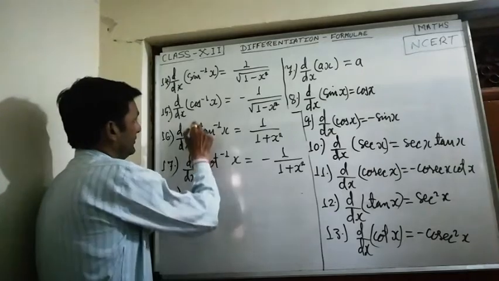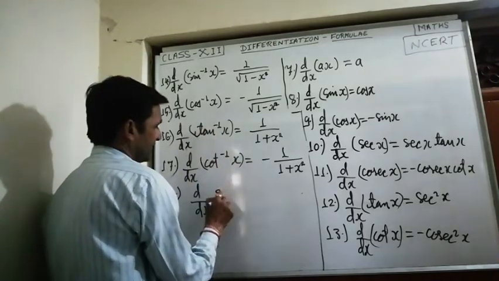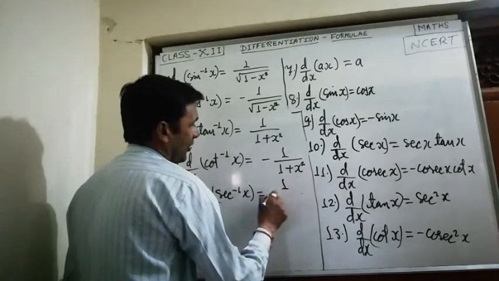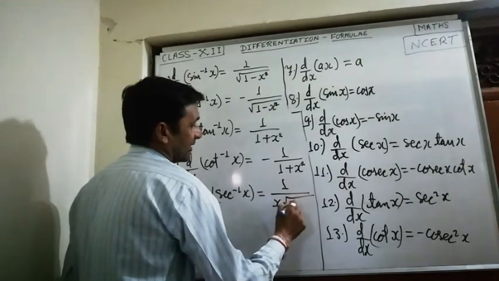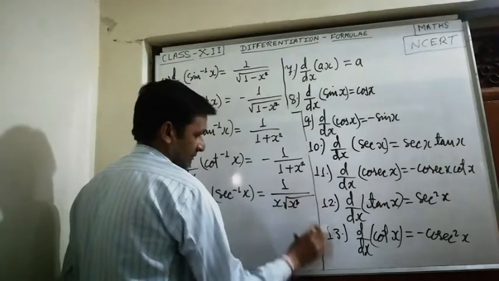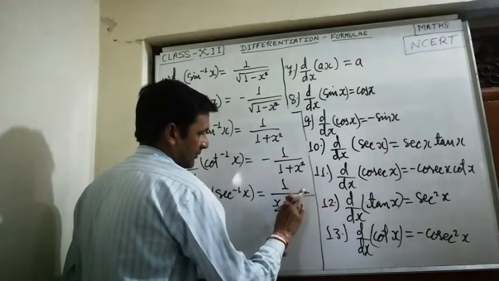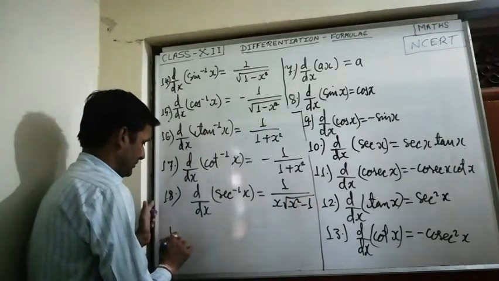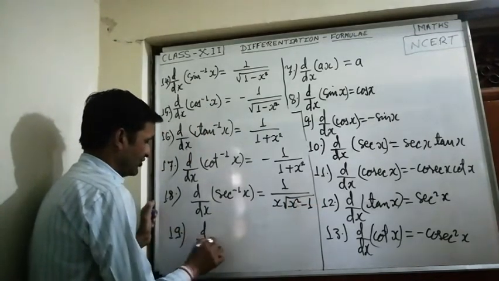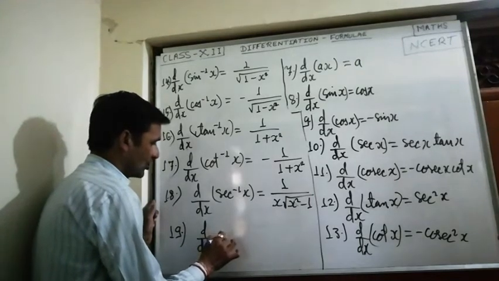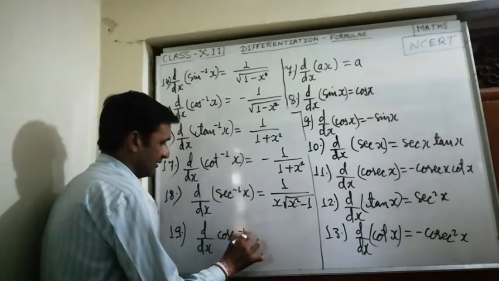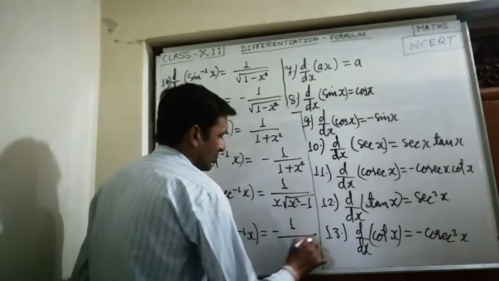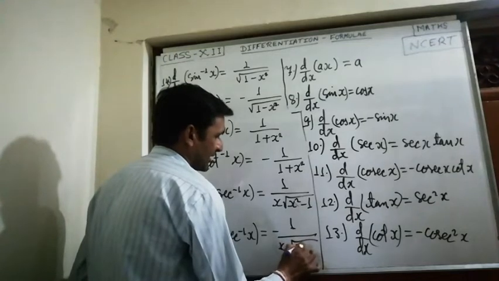Differentiation of sec inverse x, it will be 1 upon x root x square minus 1. Differentiation of cosec inverse x, it will be minus 1 upon x root x square minus 1.